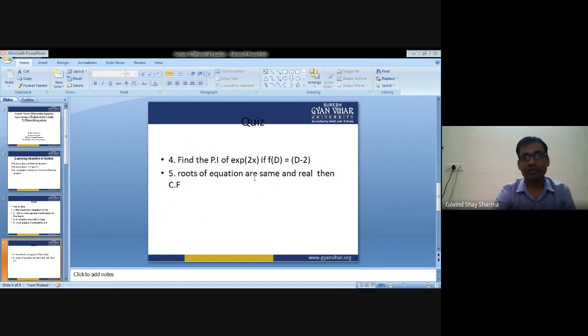Find the PI of this: 1 upon D minus 2. When we put D equal to 2, it becomes 0. So we multiply above by x and differentiate the denominator. So your PI becomes x. When the roots of the equation are same and real, then y is equal to c1 plus c2x times e to the power.